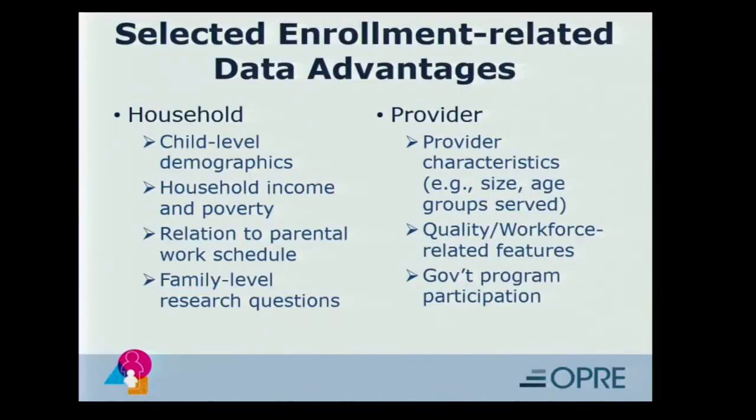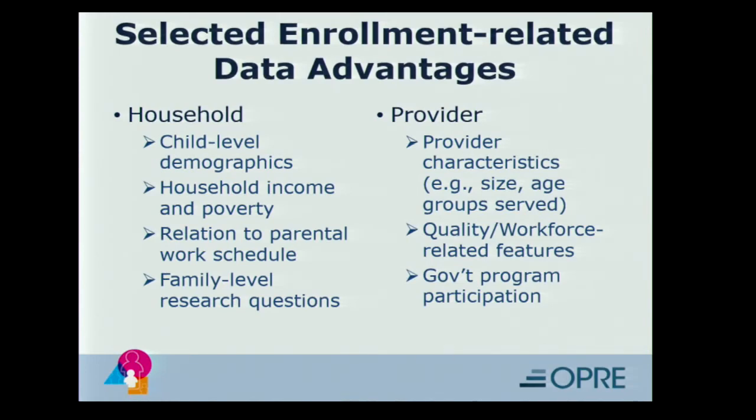And so just to summarize some of the key relative advantages of the household versus the provider data when you're thinking about doing enrollment or usage types of analyses. On the household side, you have much better child-level demographics.